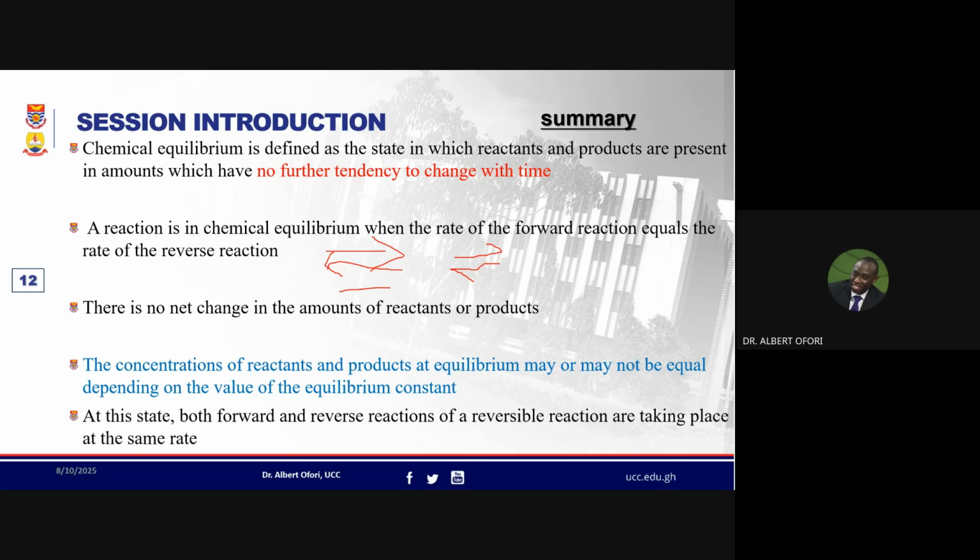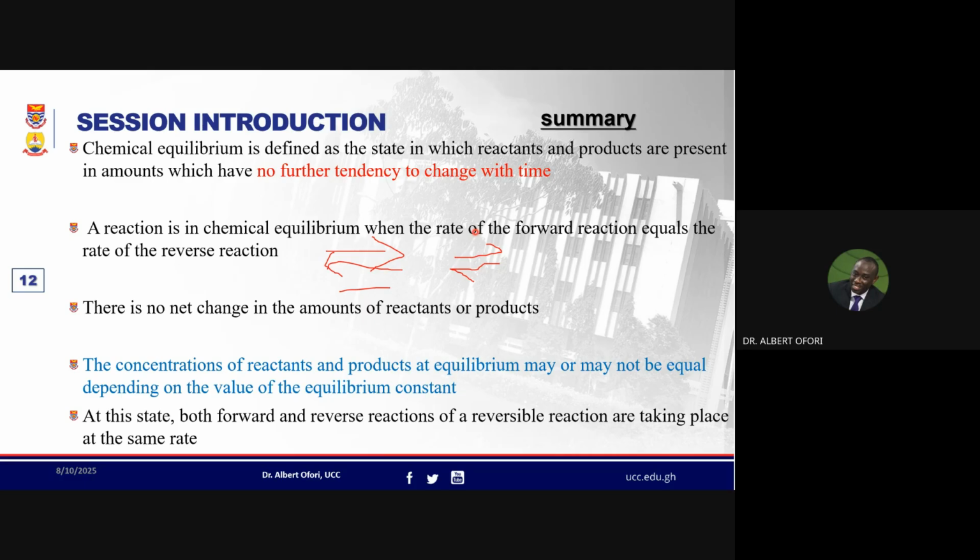Now, another misconception. I said that at chemical equilibrium, the rate of the forward reaction is equal to the rate of the reverse reaction. Is that okay? But let's note that the rate of reaction is not equal to zero, as if there's no reaction going on.